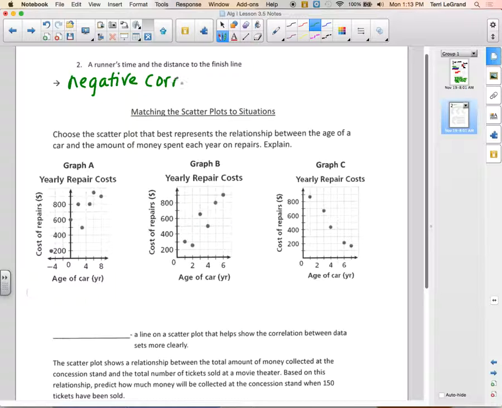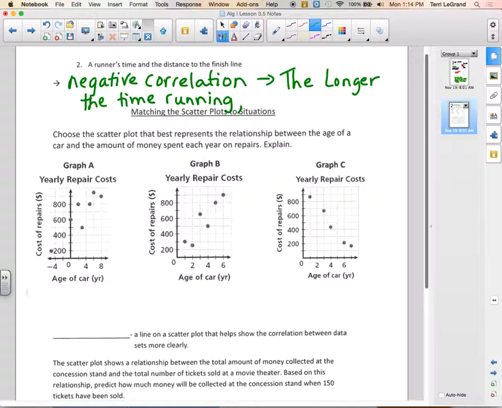And our explaining to support it, we're going to say the longer the time running, the shorter the distance left to run.